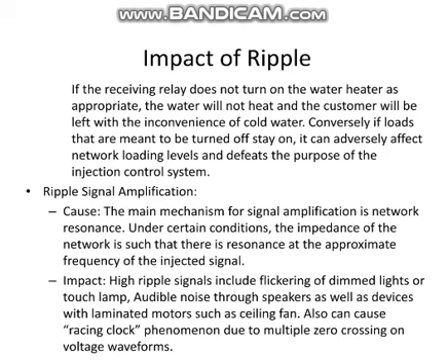If the receiving relay does not turn on the water heater as appropriate, the water will not heat and the customer will be left with the inconvenience of cold water. Conversely, if loads that are meant to be turned off stay on, it can adversely affect network loading levels and defeats the purpose of the injection control system.